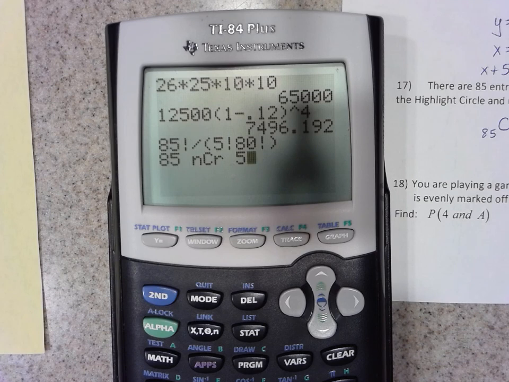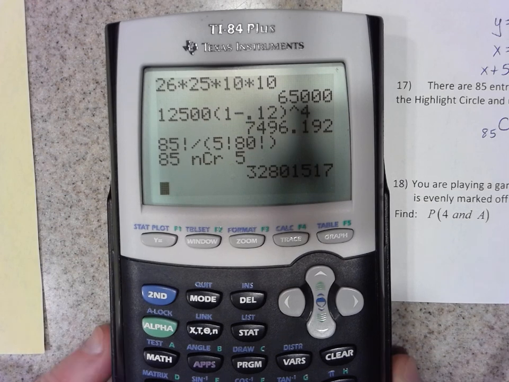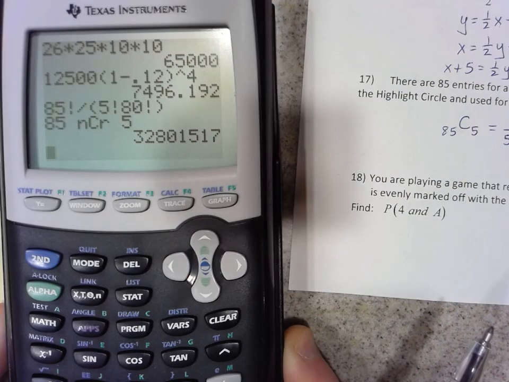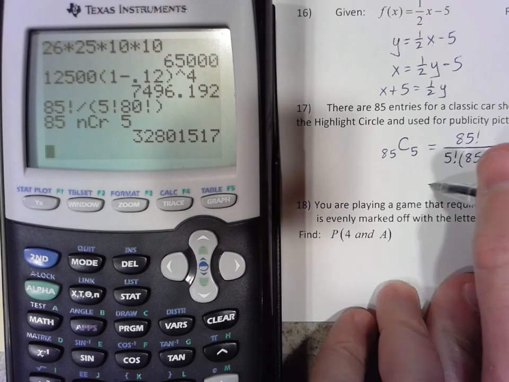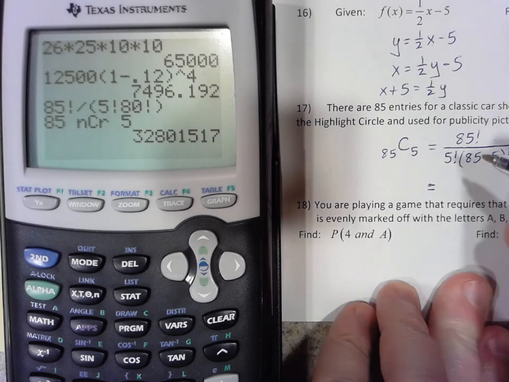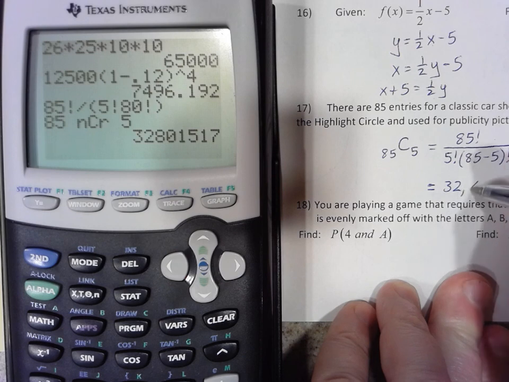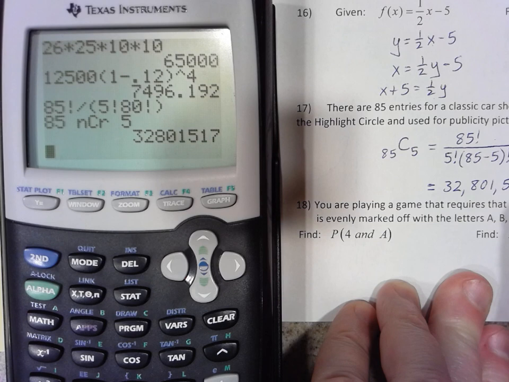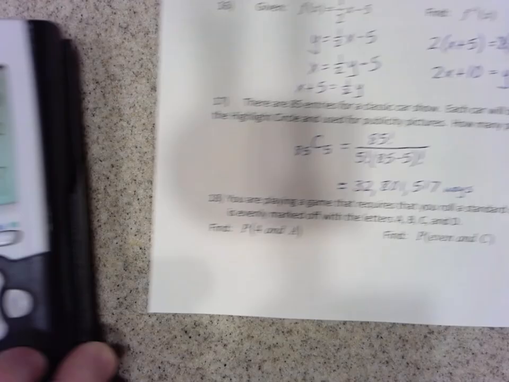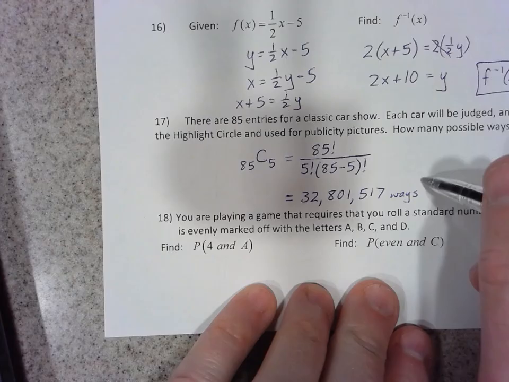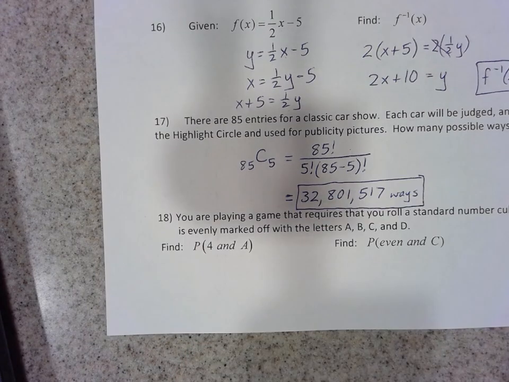So 85C5. And when I hit enter for that, it's able to do those calculations. And so my answer here is that there are 32,801,517 ways to select 5 cars out of the 85 to be in the highlight circle.